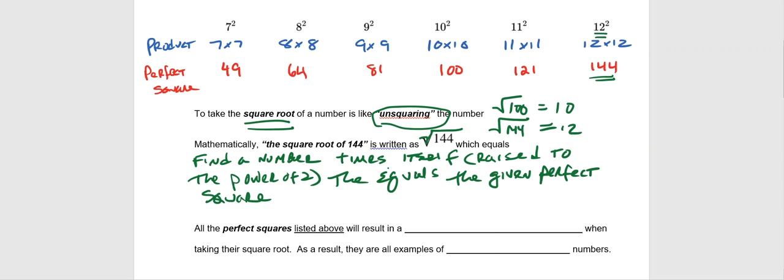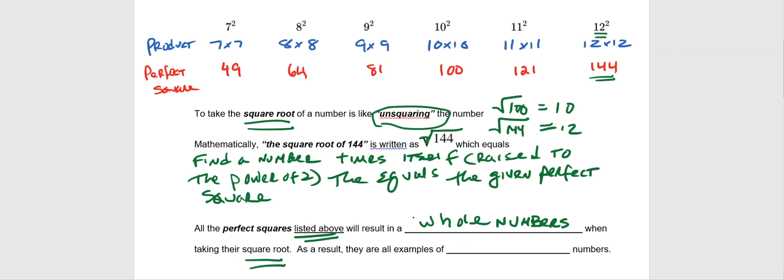So it's that simple. So given the list that you see up above, all the perfect squares listed above will result in whole numbers when we take their square root.